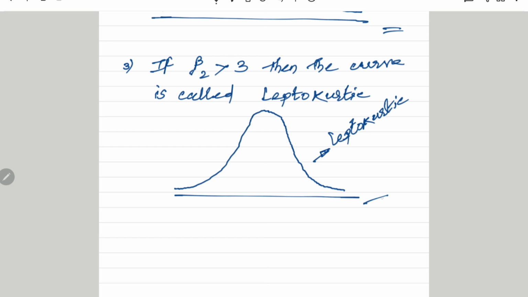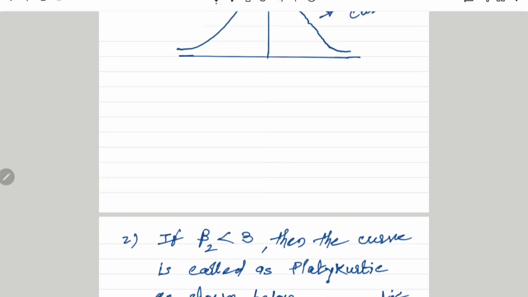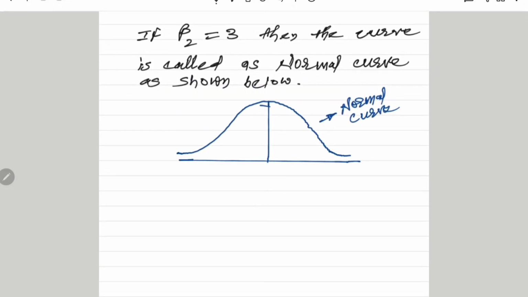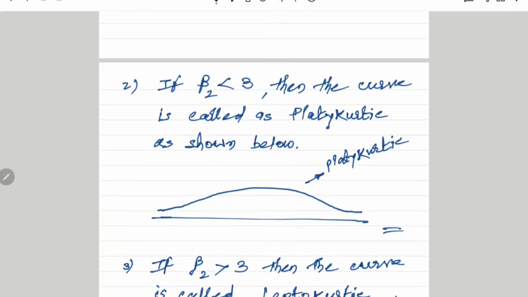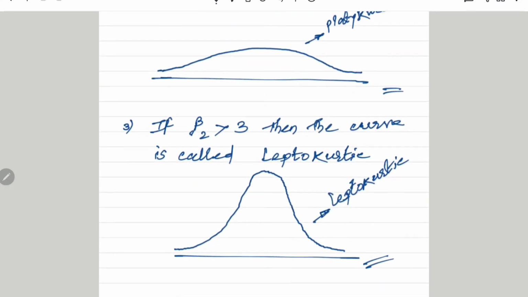Therefore, 3 different types: the first one is normal curve, when beta 2 is 3; if less than 3, it is platykurtic; and if greater than 3, it is leptokurtic.